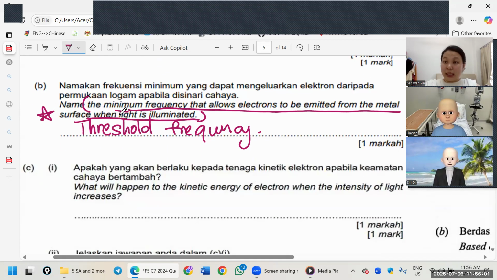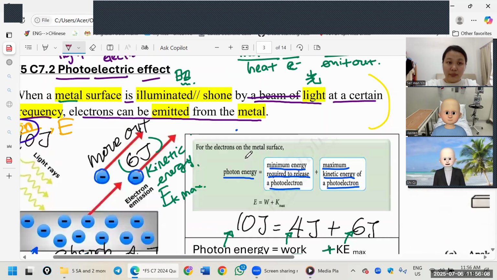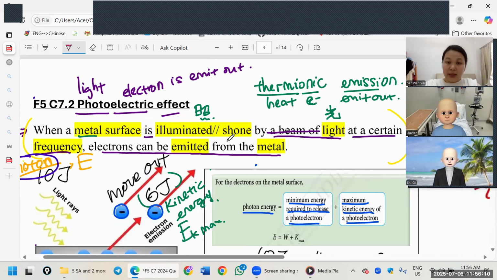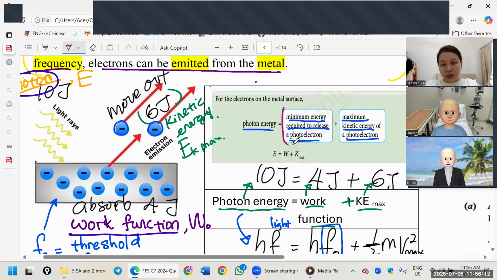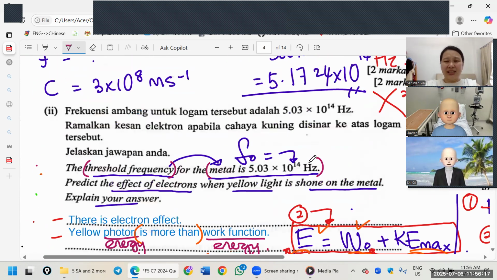You need to memorize photoelectric effect, work function, threshold frequency. Normally they ask these three things only.